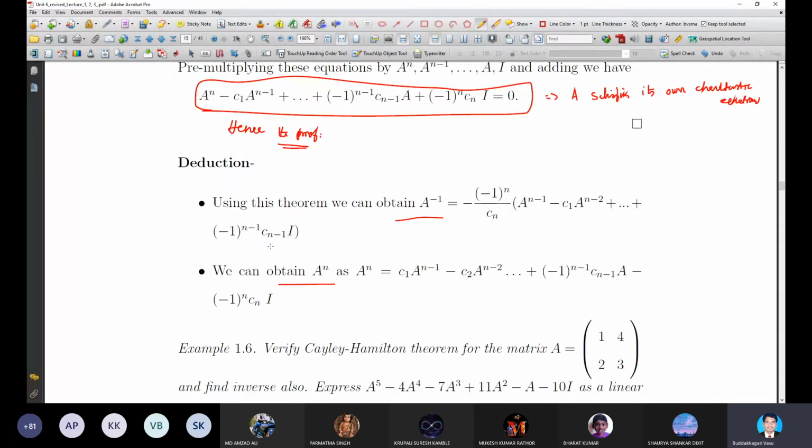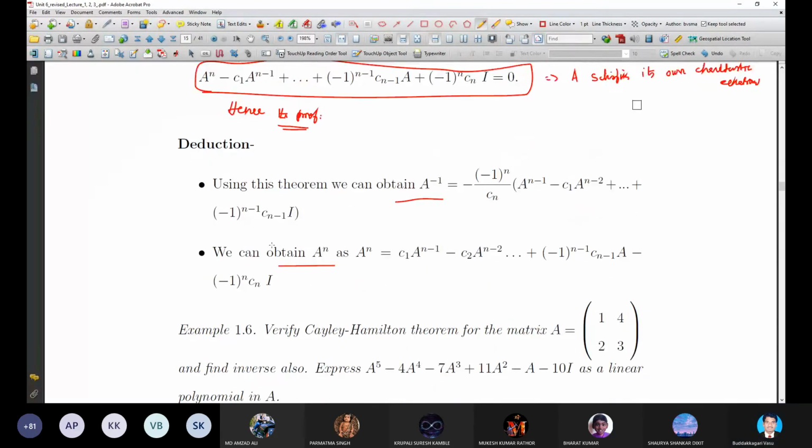And also there is one more. We can simplify matrix equations, because sometimes matrix equations will be there. Those matrix equations can be simplified very easily using the Cayley-Hamilton theorem.